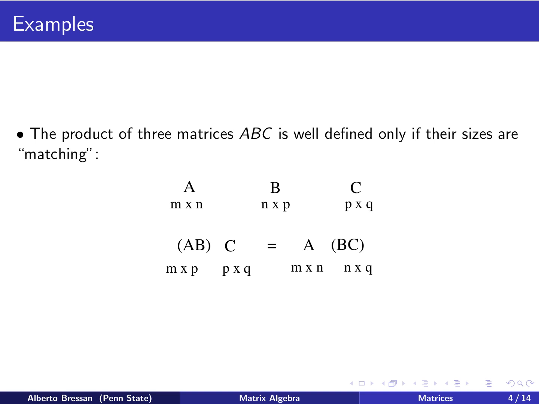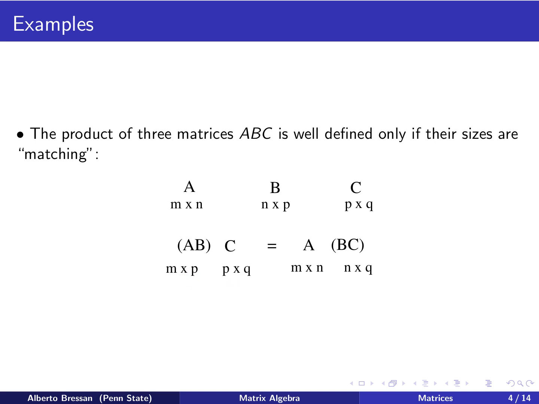In particular, if A is an M times N matrix, then B must be a matrix with size N times some number P, and then C must be a matrix with size P times some number Q. In that case, AB will give you a matrix of size M times P, and the final result will have that size.